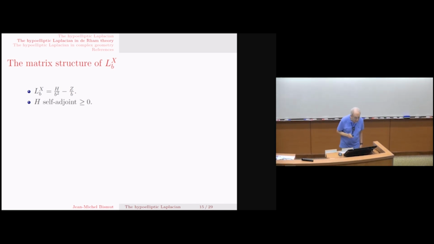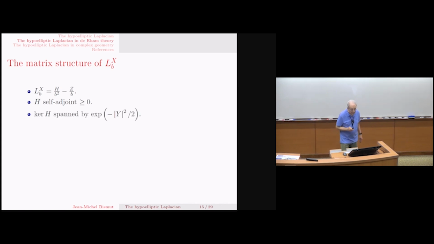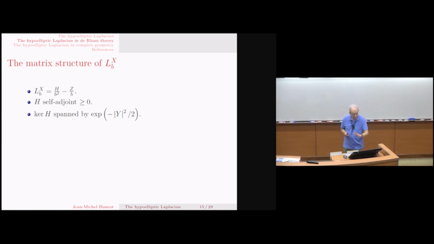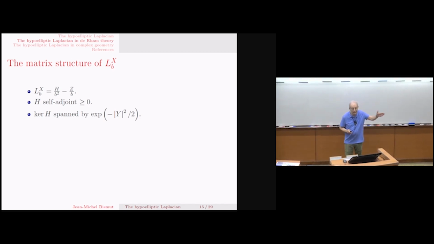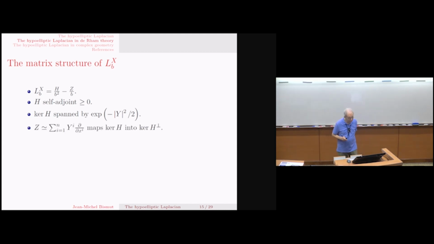So, as I mentioned, H is self-adjoint, positive, and let me just mention this, that the kernel of H, the kernel of the harmonic oscillator, is one-dimensional and is spanned by the Gaussian function. So you have this family of Gaussian functions in the fiber.